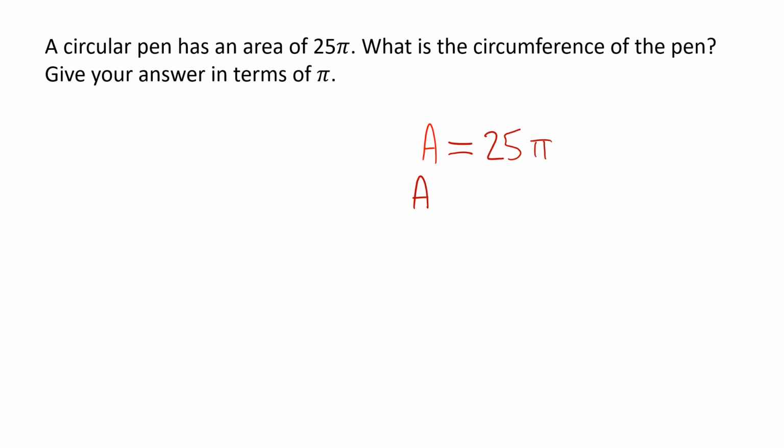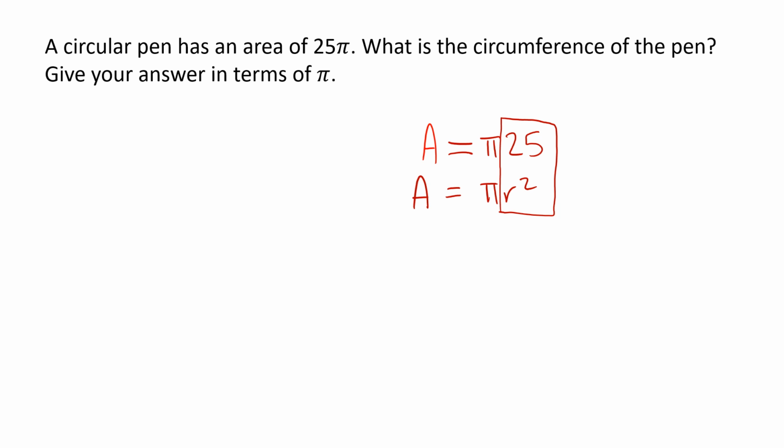And area is pi times the radius squared. So let me switch the order of this here: pi and 25. That way I can see that 25 is the radius squared.